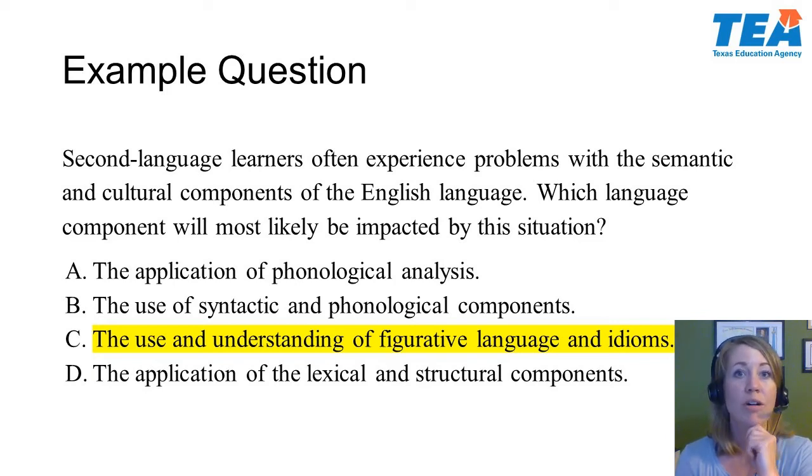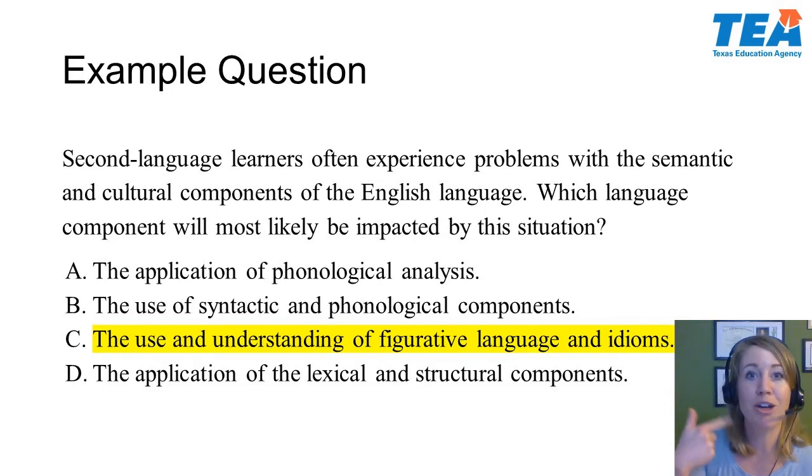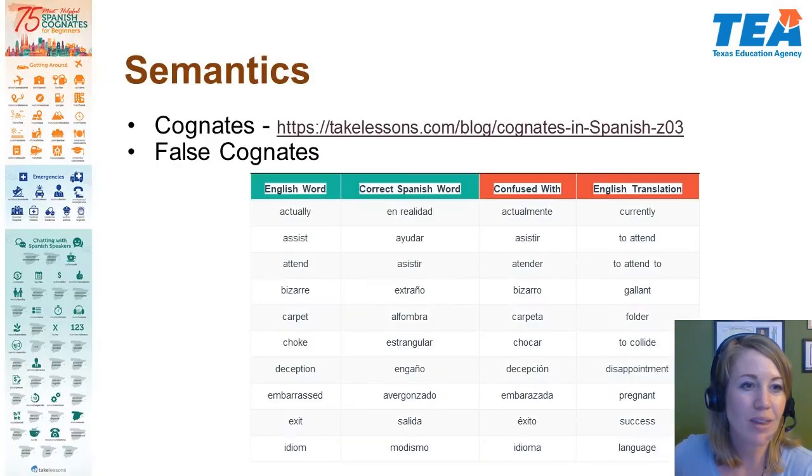Lexical, we're dealing with words. Lexical means word, right? But structure, what does structure have to do with culture? That can't be it. So then we look at C, and that is your answer. Figurative language, I put my foot in my mouth, right? It's figurative speech for I said something stupid, and idioms. This has to do with semantics. So that's how you would deduce down to that question.